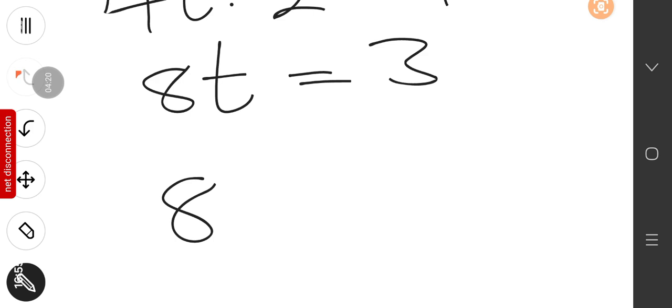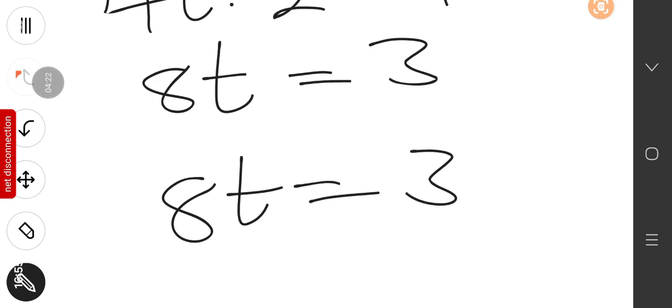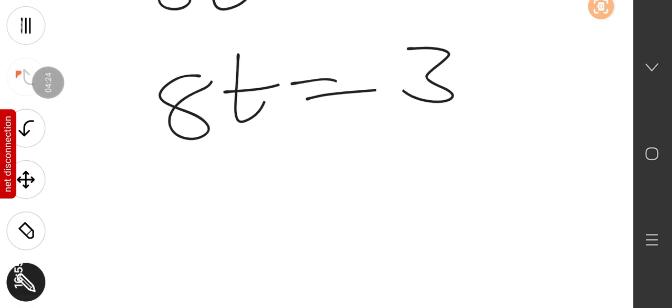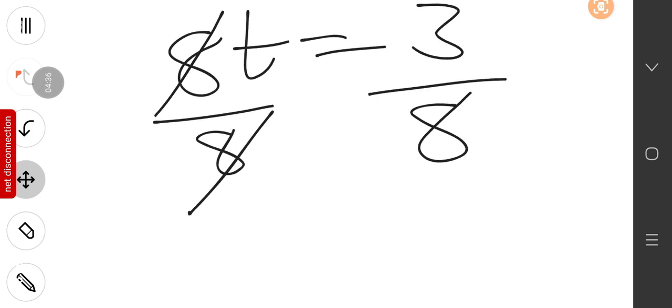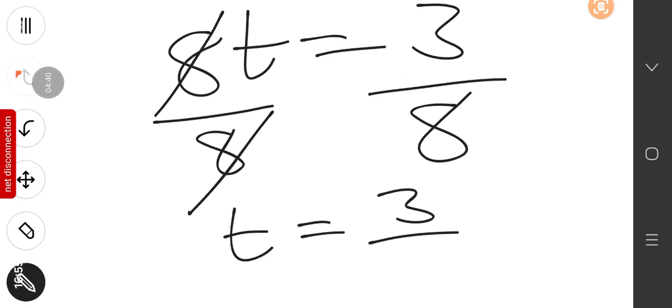Now let's make t the subject of the equation. So we divide here by 8, here by 8. So t equals 3 over 8.